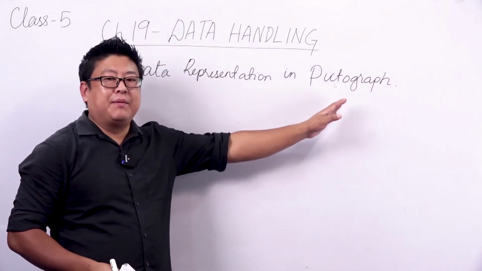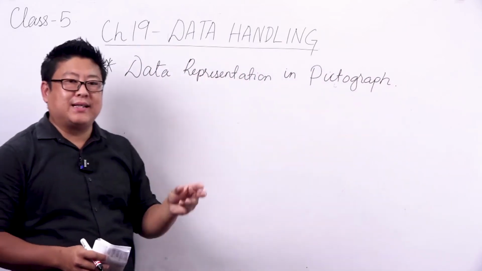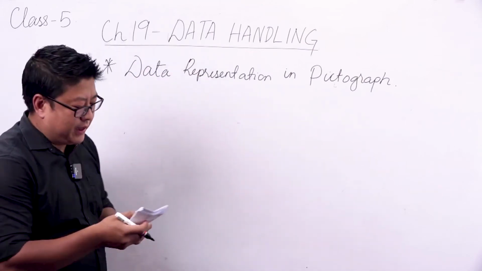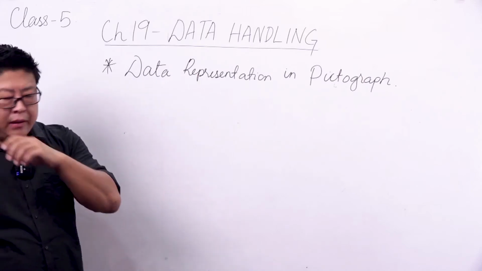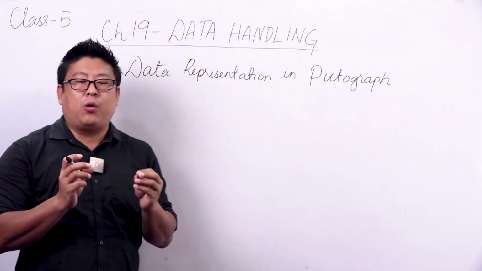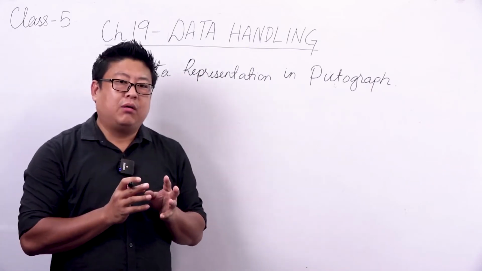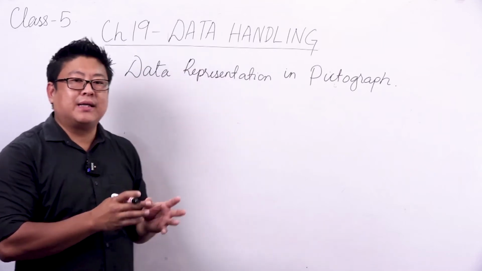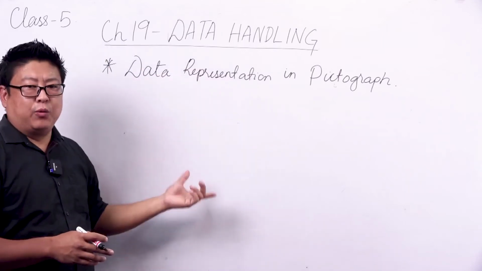Pictograph simply means depicting or representing data in picture form. Here we will draw tables, and in the tables we will draw only pictures or symbols or objects, and represent the data with those pictures only.